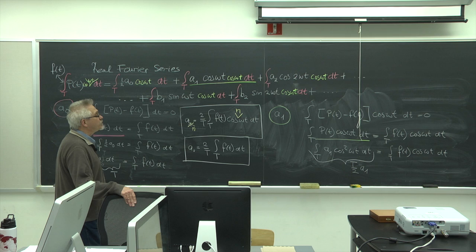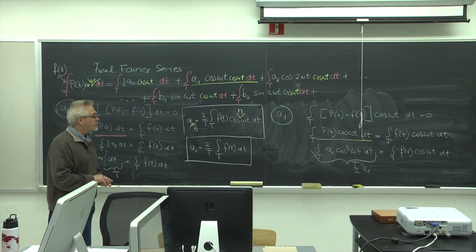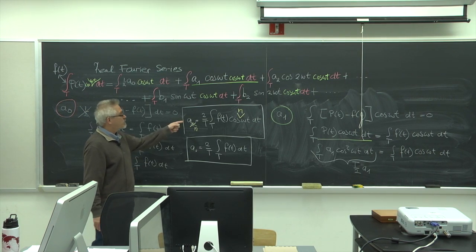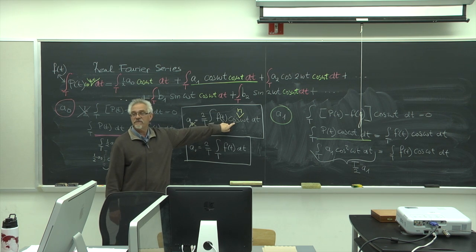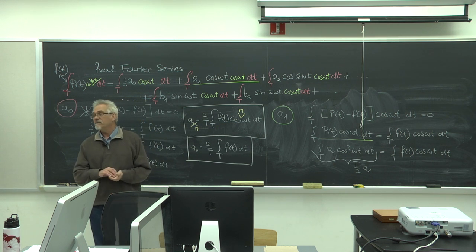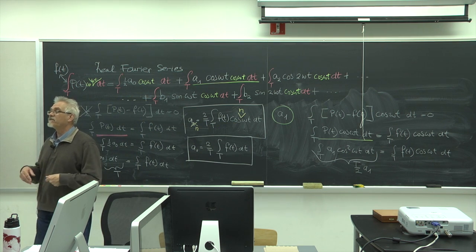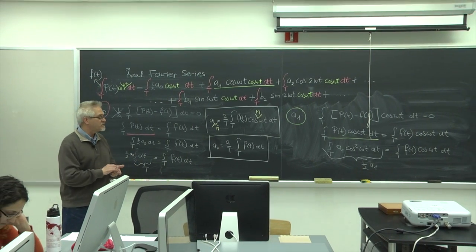And by the way, if you did the same approach, and you can look that up in the textbook, for b, then you get bn is equal to this expression, and then the cos is replaced by a sin. And so also there, the b coefficients are only depending on their own frequency.